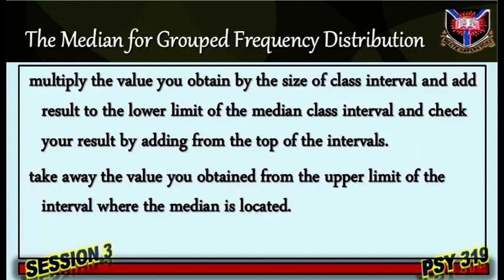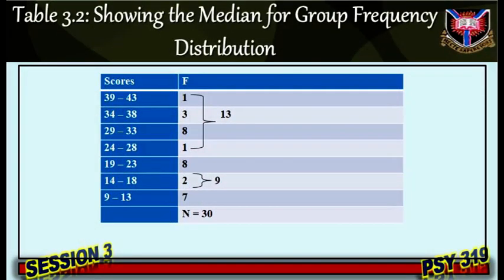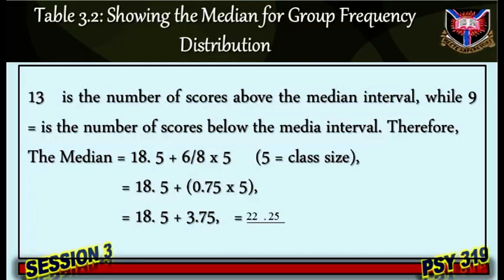Considering the previous data, you can compute the median of grouped frequency distribution as follows. The table below shows the median for group frequency distribution. In table 4, 13 is equal to the number of scores above the median interval, while 9 is the number of scores below the median interval.